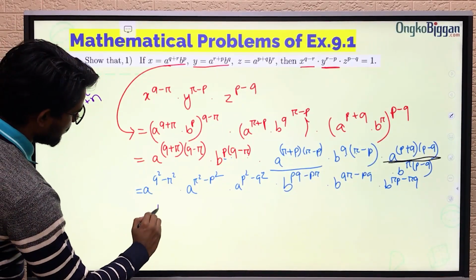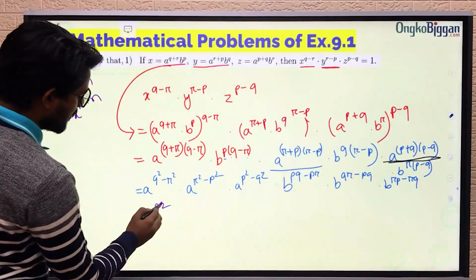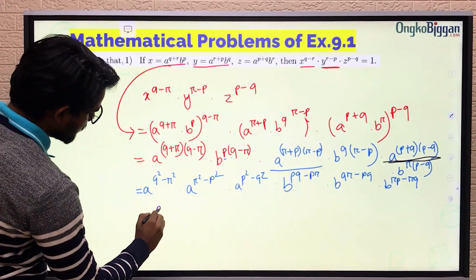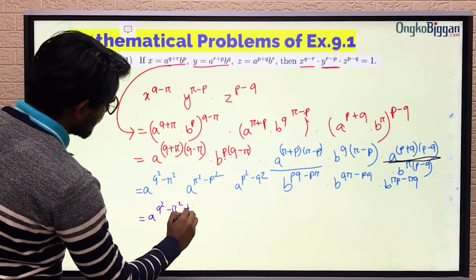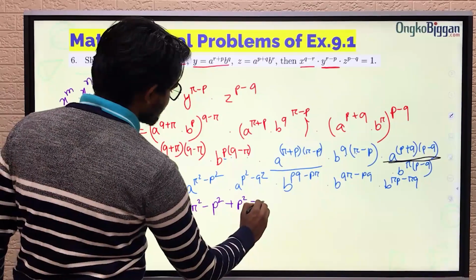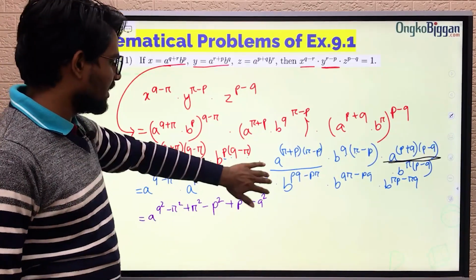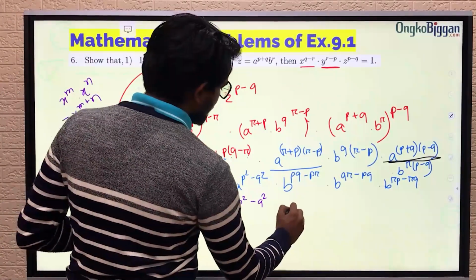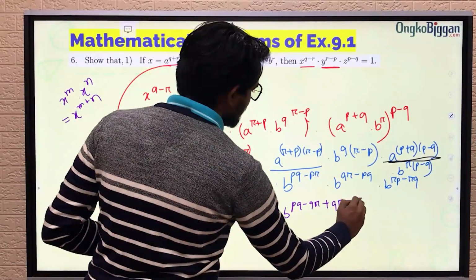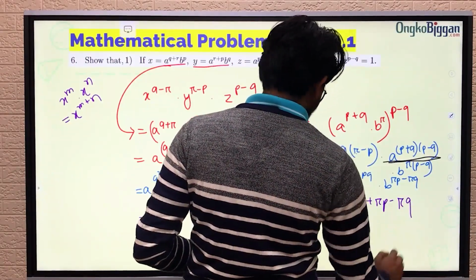So we will get a to the power q square minus r square plus r square minus p square plus p square minus q square, and we have completed the a part. Now we can write b to the power pq minus qr plus qr minus pq plus rp minus rq.